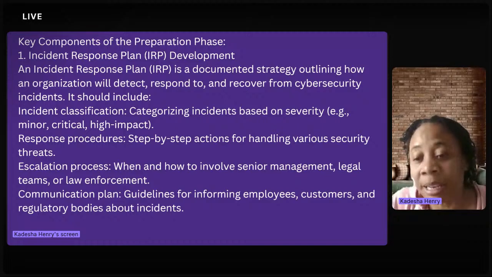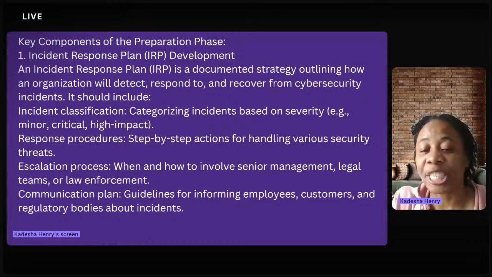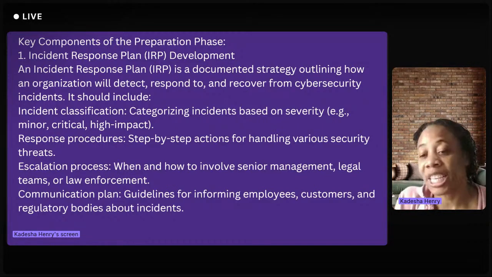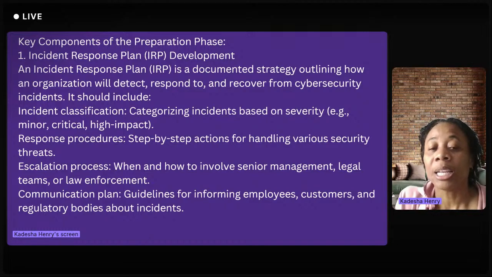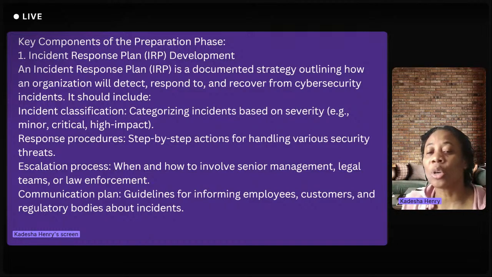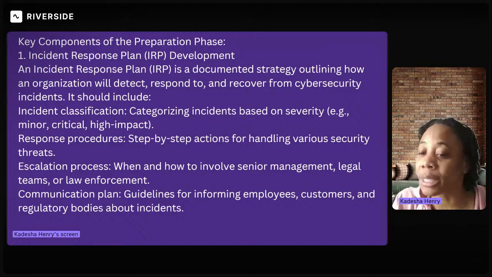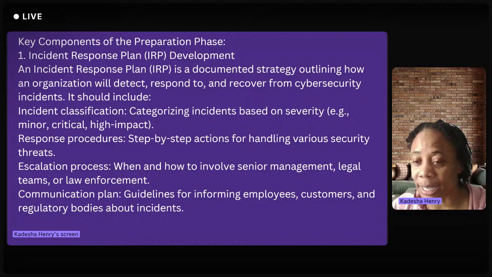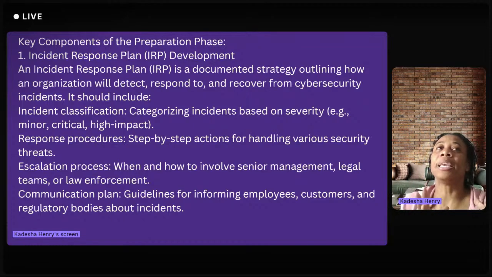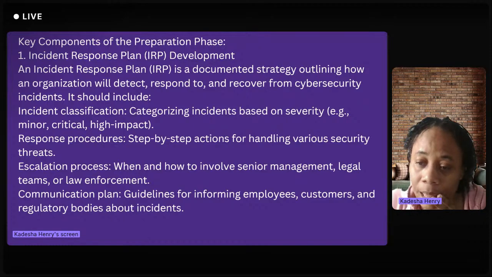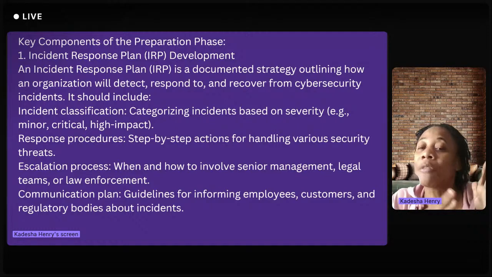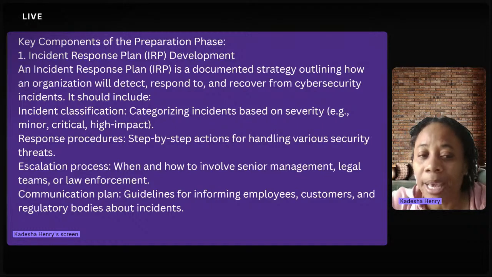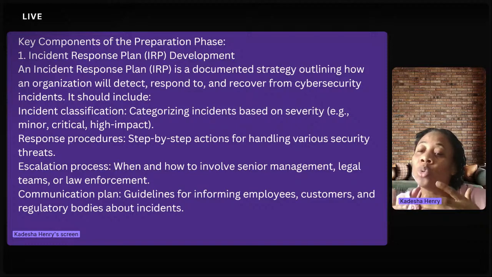Communication plan is in the preparation phase. The communication plan is a guideline, right, to inform employees, customers and regulatory bodies about the incident. So there is going to be a communication personnel who is going to be a part of the incident response plan, because this person is going to know how to speak on behalf of the company.